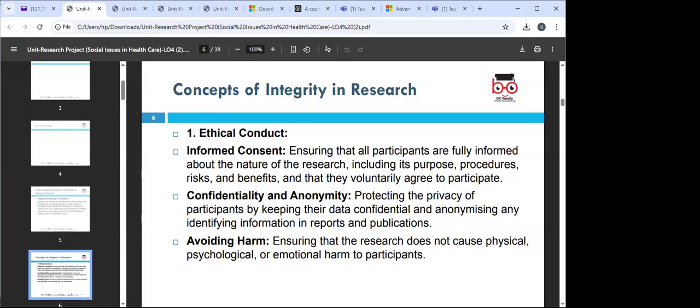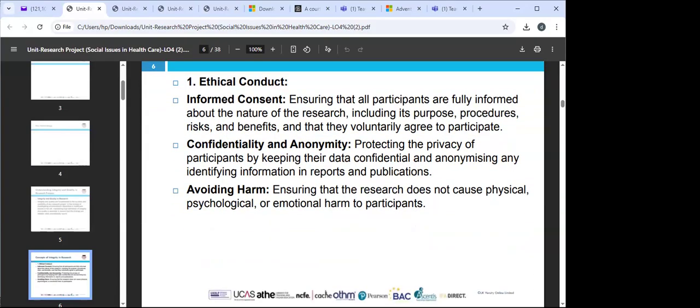Then you have to look into confidentiality and anonymity. What is confidentiality? Protecting the privacy of the participants by keeping their data confidential, and anonymity means keeping their identifying information private in reports and publications.